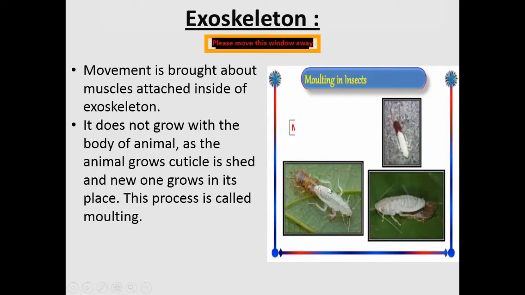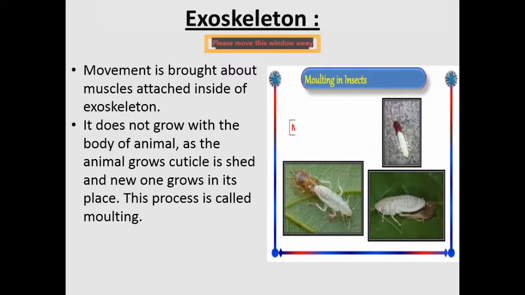So these diagrams show molting in an insect. Molting is a process in which, when an animal grows, it sheds its old cuticle and grows a new one. This process is called molting.